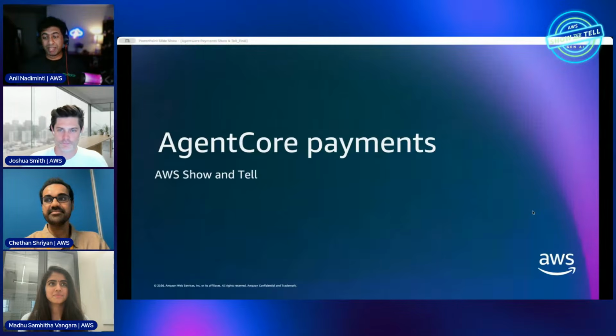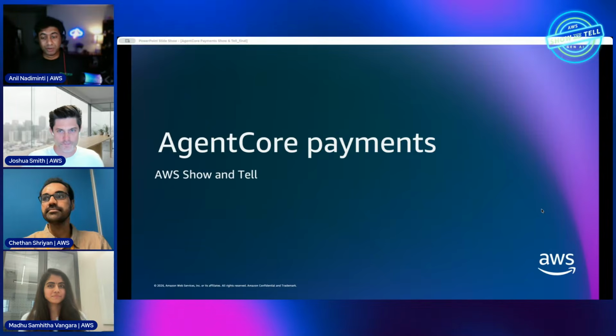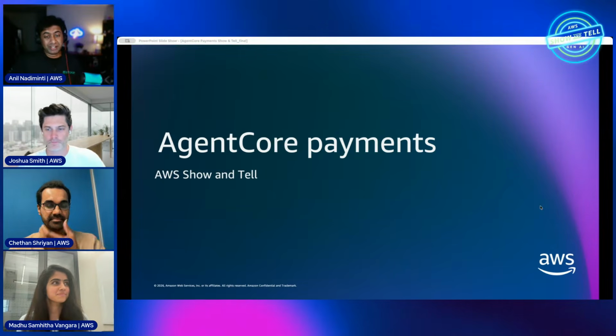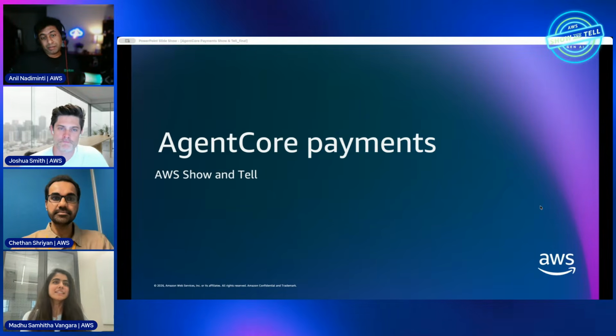We want to talk about how agents can transact and how agents can make payments, and that's one of the next steps in the evolution of agents. That's why we have this cool team here talking to us about AgentCore payments as well. So maybe why don't we go through some introduction on that topic and then get going.